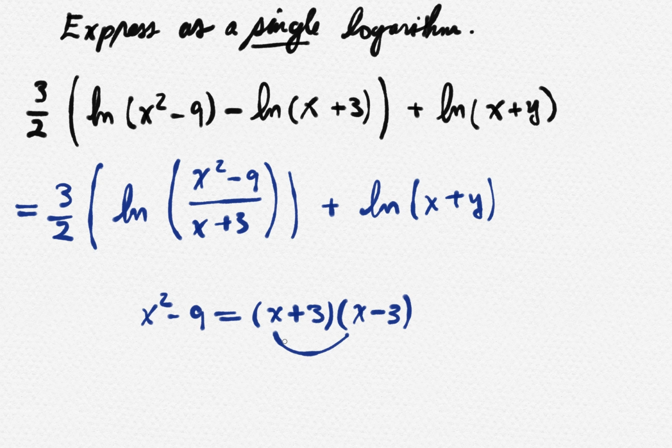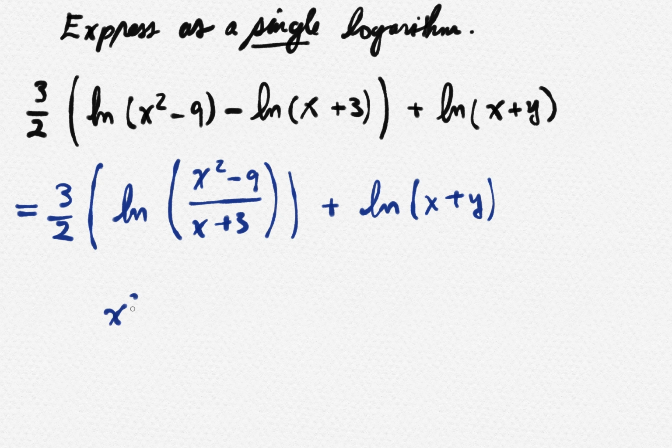There's x squared minus 3x plus 3x, and the minus 3x and plus 3x will cancel, and then we get plus 3 minus 3, which of course is minus 9.